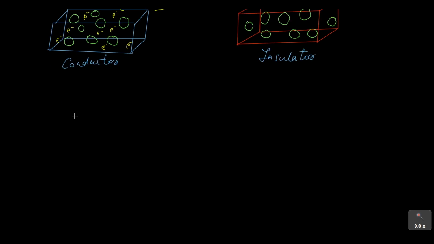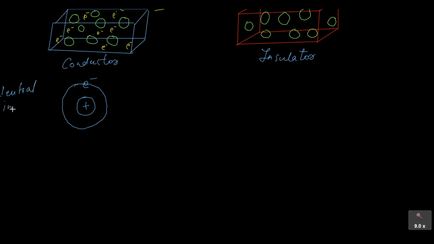Now let us understand what free electrons are. Again I will take the example of hydrogen. Hydrogen has one electron and one proton, with the proton at the center. Therefore it is neutral in nature.